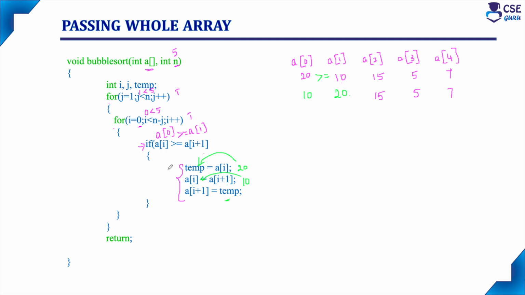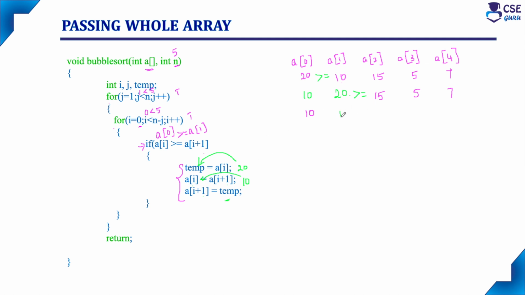Okay. And in the next iteration, inner for loop i gets incremented to 1. So now we have to check A of 1 and check the condition with A of 1 plus 1, that is A of 2. So the first position element will be as it is. Okay. Now check A of 1 and A of 2, whether it is greater than or equal to. Yes, condition is true. Then exchange using these three statements.